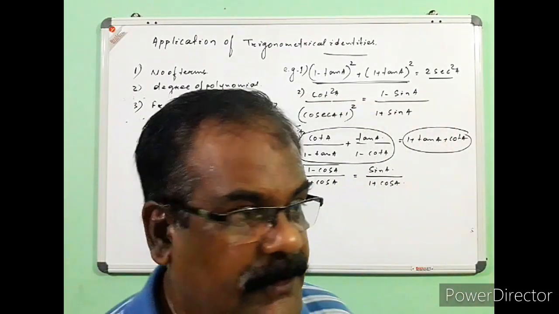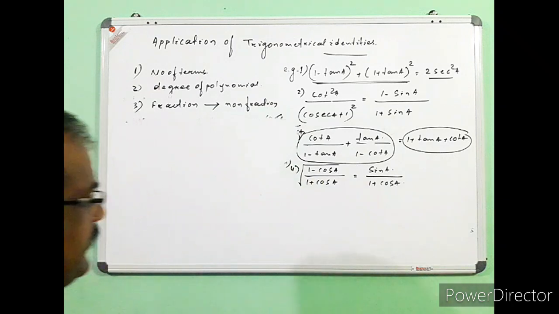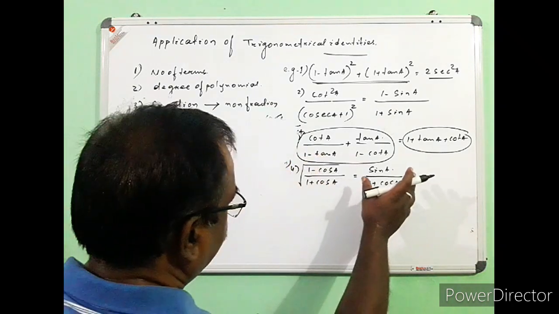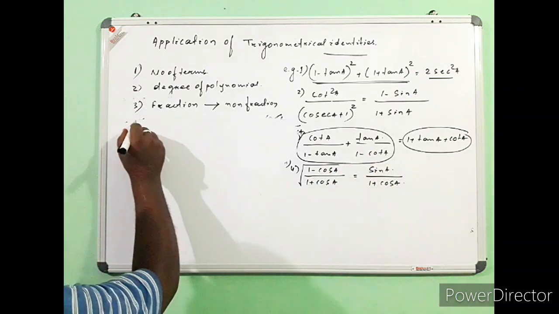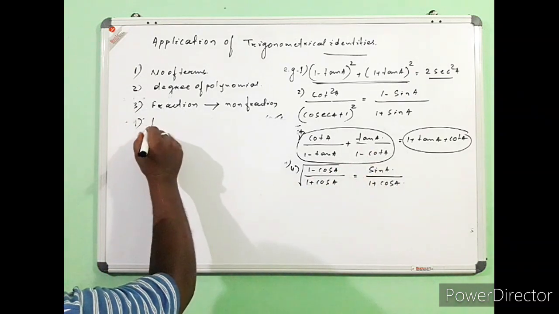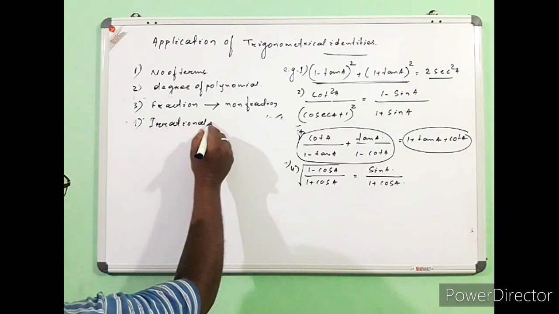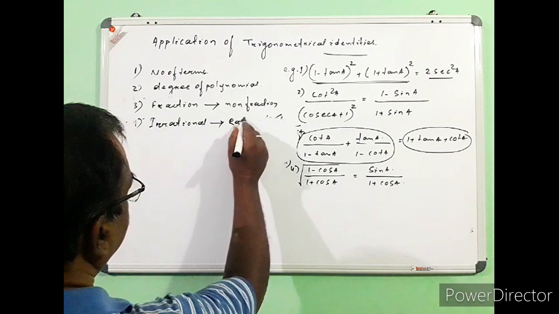If it is in irrational form, it is my opinion that you go to that irrational form, rationalize it and prove the other one. So fourth thing: go from the irrational to the rational form.